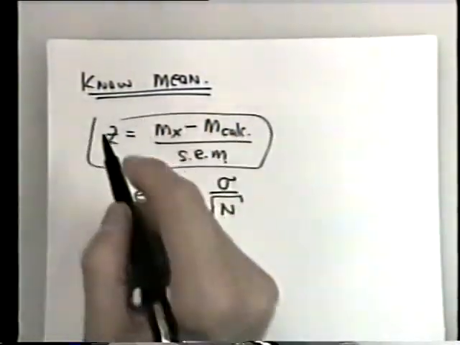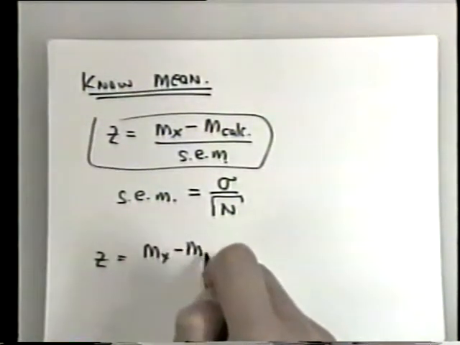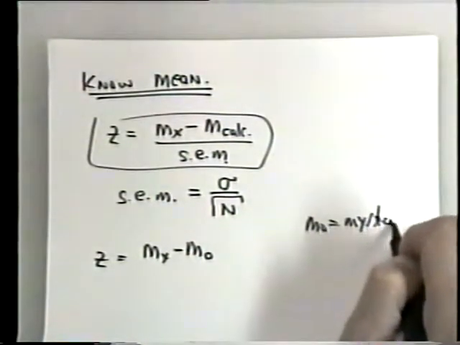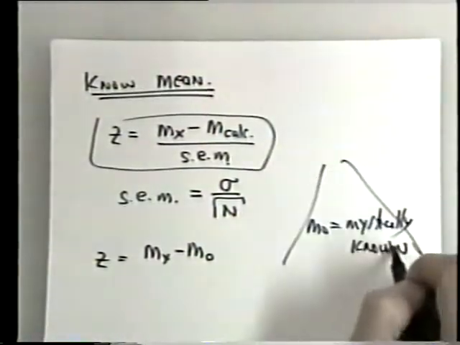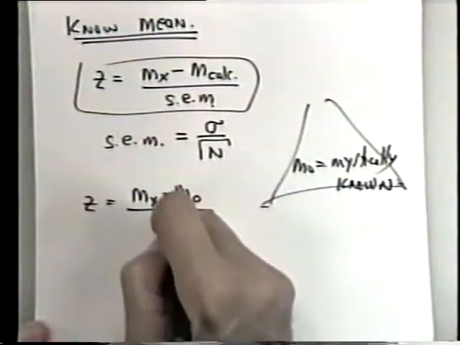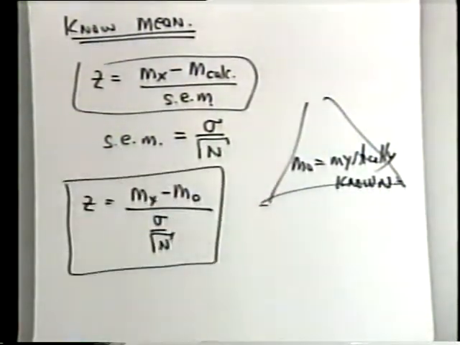So I can rewrite this z as mx minus m naught, where m naught is the mystical value that we know, over sigma divided by the square root of n.